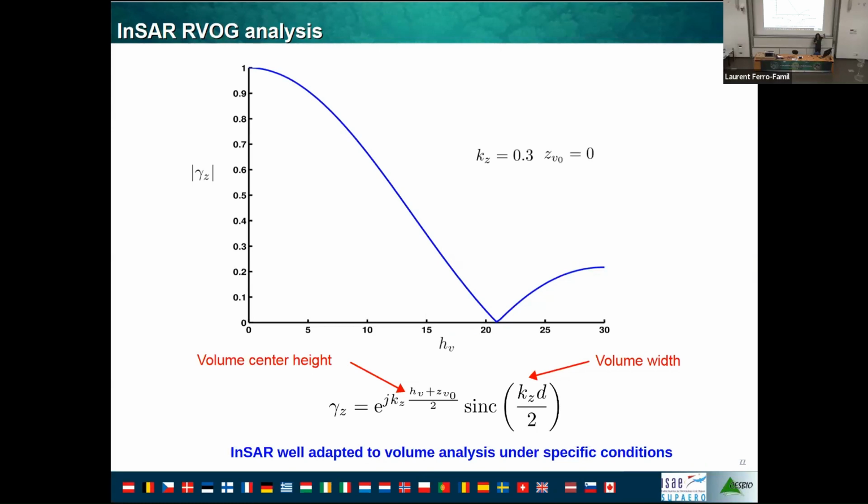Large forests are likely to decorrelate more than small ones. This is why we use the coherence as a measure of the amount of volume we are looking at, the volumetric density, or at least the amount of scattering media within a given volume. And you will see on Wednesday that my colleagues from DLR use this to invert the forest height directly.